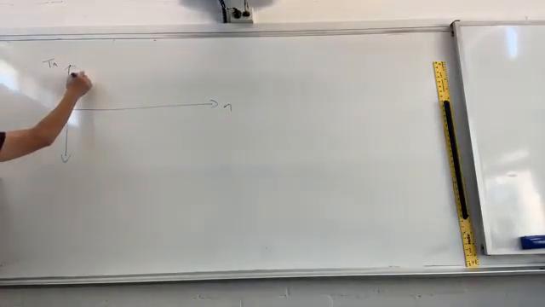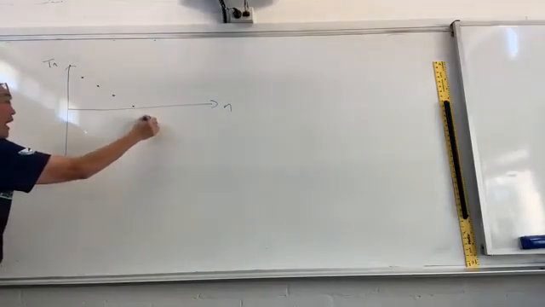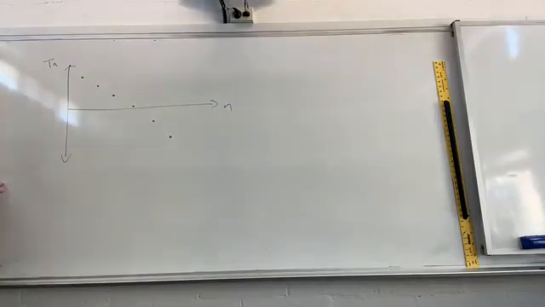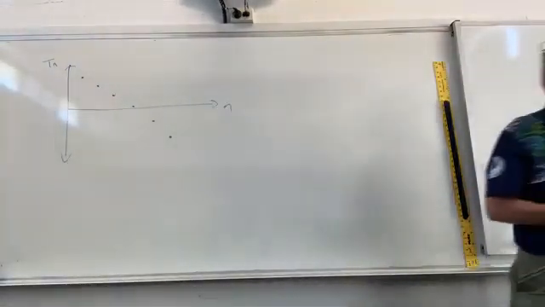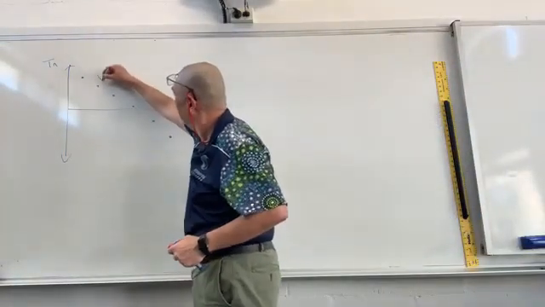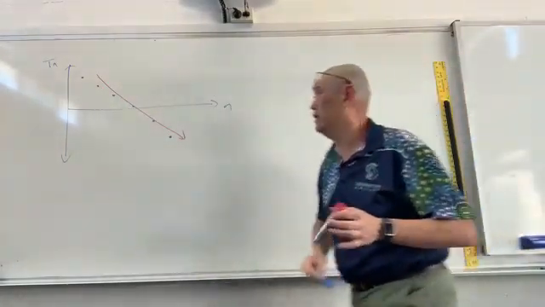Now, it could be a straight line. That would be arithmetic, and that is long-term decreasing, because it's pointing downwards. What you need to look at is whether it's a straight line. If it is pointing down this way, it is long-term decreasing.